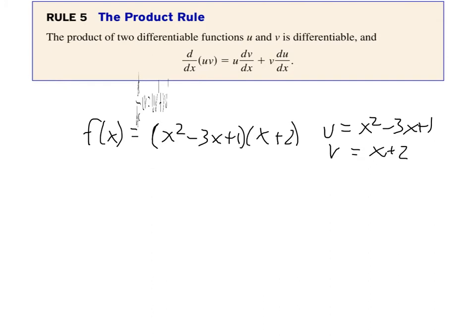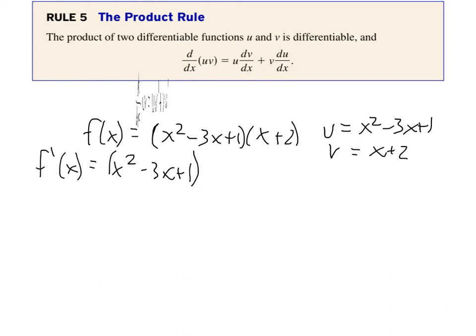If it's asking for what is f prime of x, in other words, what's the derivative, or what's the slope function, you might hear it called. We would do the first, so I just rewrite the first, the u, x squared minus 3x plus 1, times the derivative of the second.